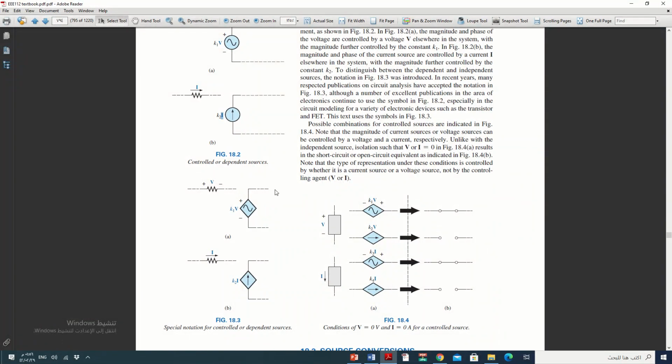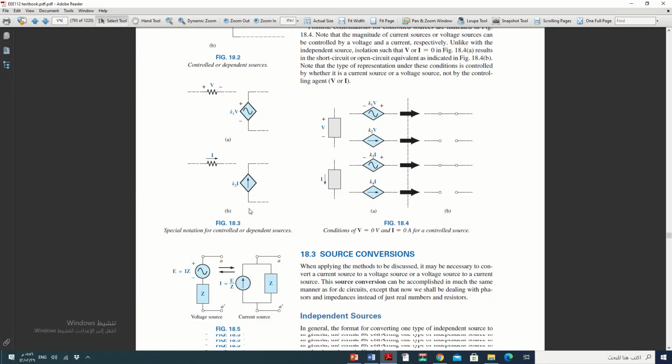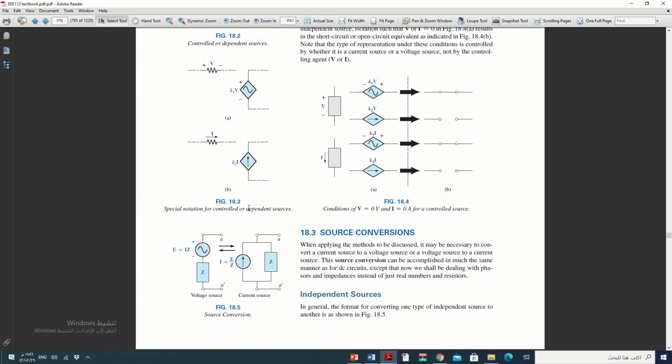You only need to know in this section the difference between dependent and independent sources. We'll go through another section, which is source conversion.